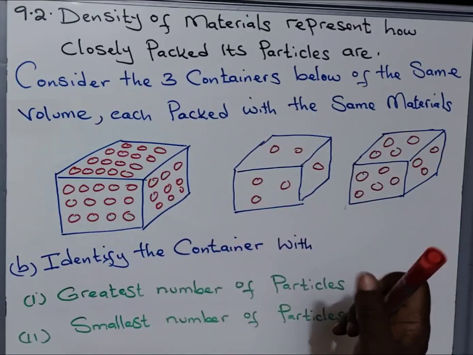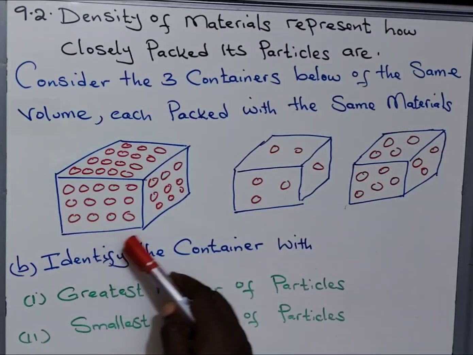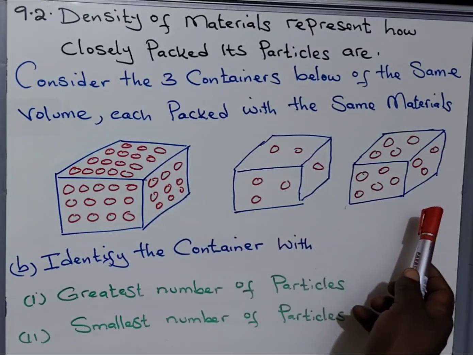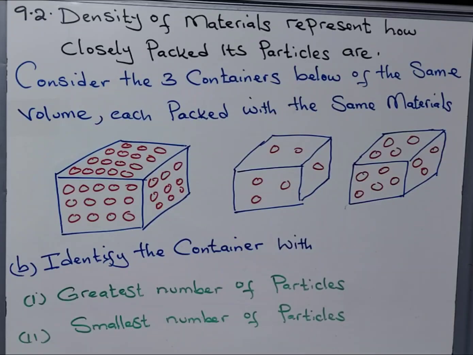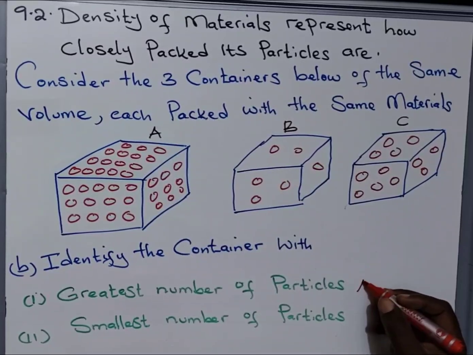So all the three containers have the same space, the same volume, and what you see inside is of the same kind. The question says, identify the container with the greatest number of particles. So this one is clear that the answer is A.